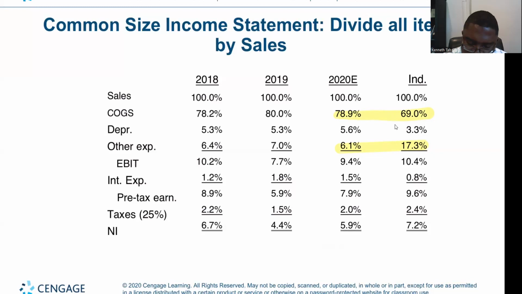Something like net income, we can find that the company has less profit margin, which we can argue is due to a higher cost of goods sold. So less net income, one of the reasons is a higher cost of goods sold.